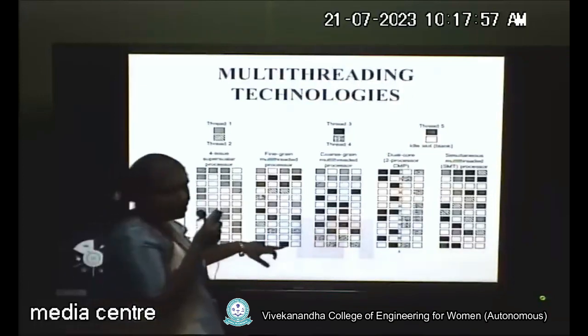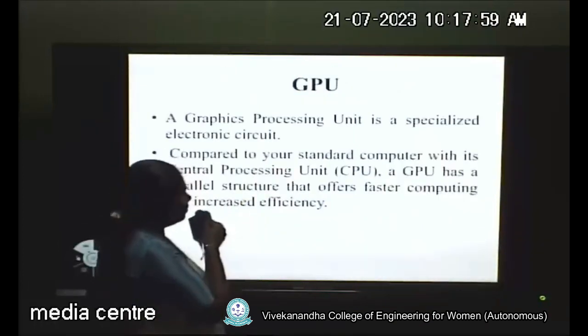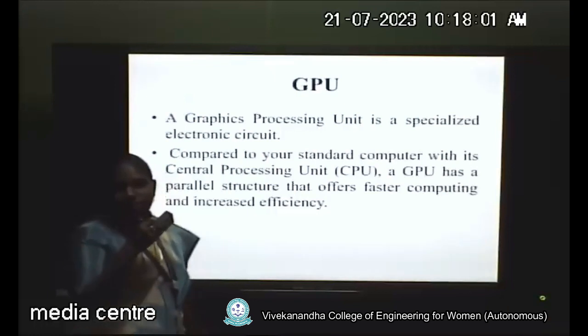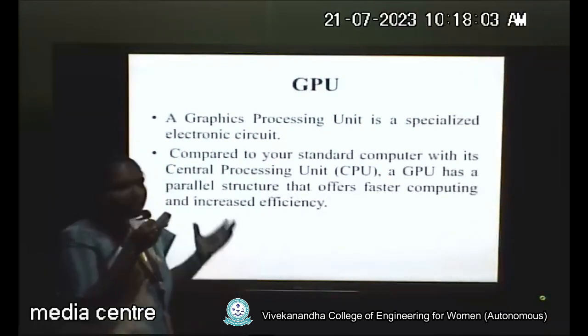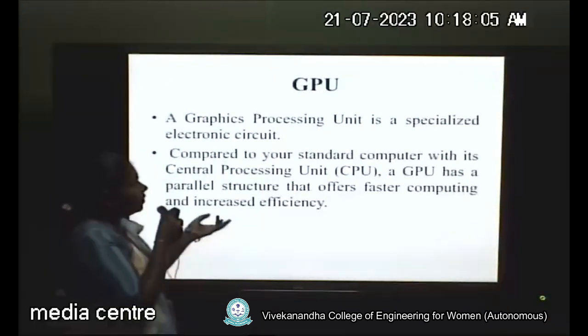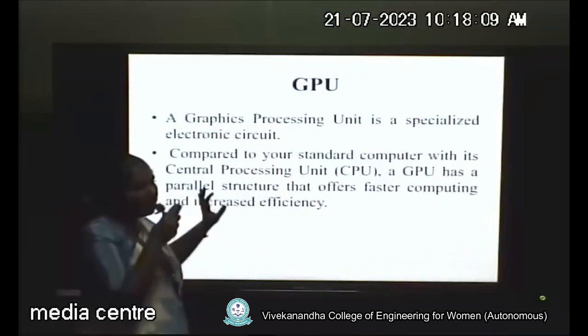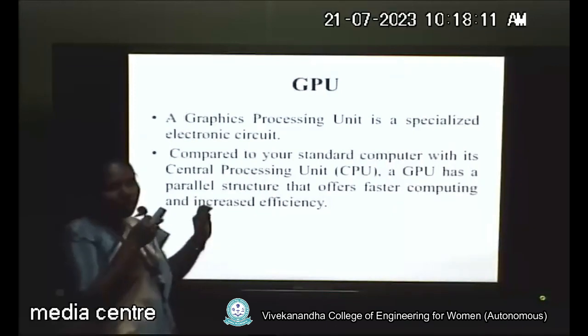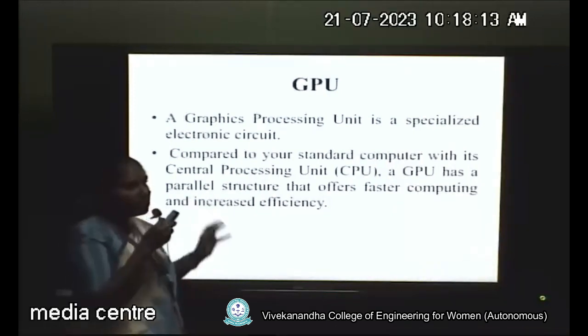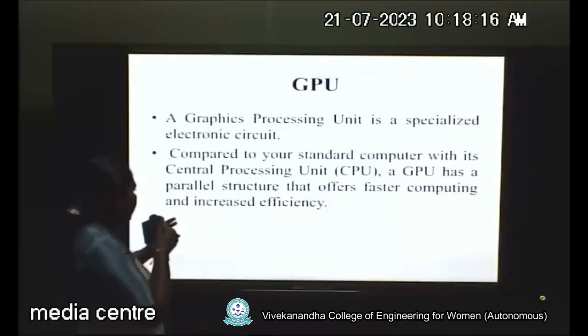Then GPU. Nowadays we are using the GPU in many applications. GPU means graphics processing unit. It is a specialized electronic circuit. If something cannot be drawn or seen, using this GPU gives a high-quality output.